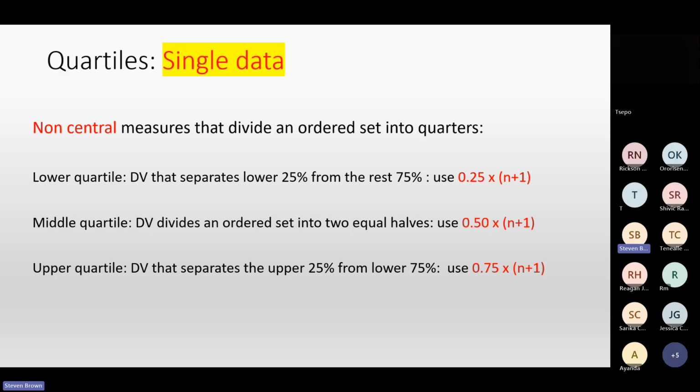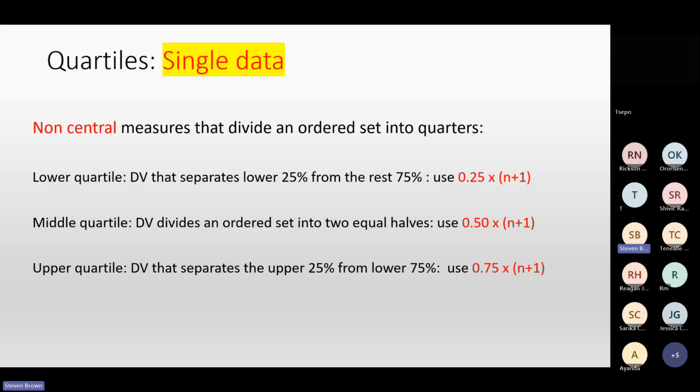Remember, we're doing it into 4 equal chunks, so it'll be 0.25. The next one, of course, is the median calculation, and the top one is your third quartile, which is 0.75. So these are the 2 that you need to remember as we go forward. Right, so how do they work?